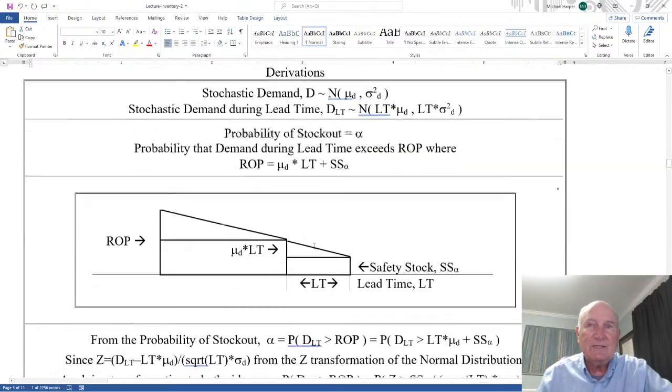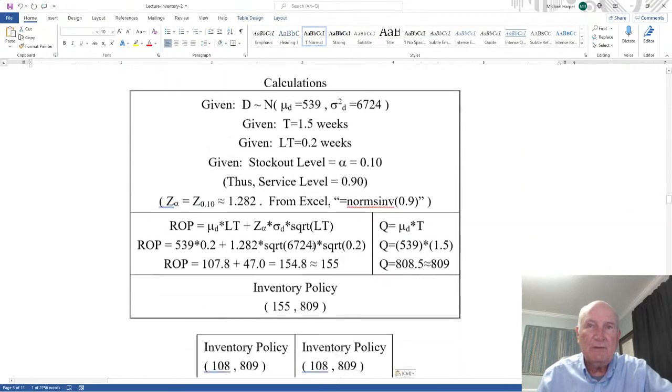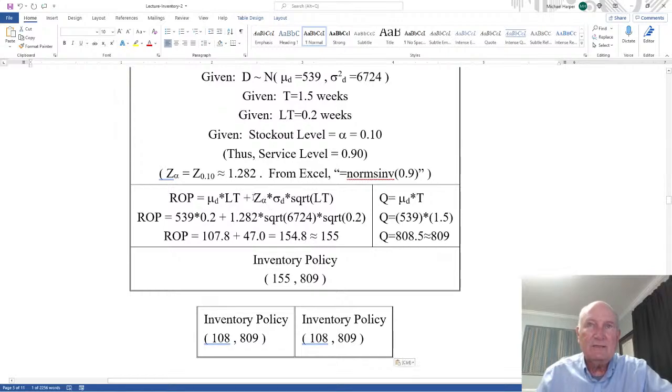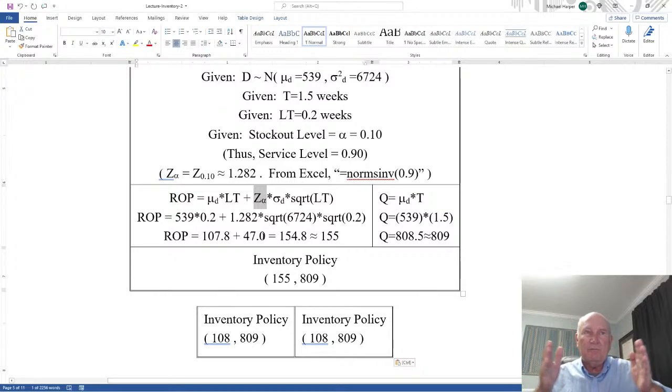So we could say down here, comparing this further, that as the service level increases, ROP increases, because the service level is inversely related to the stockout level. So ROP will increase when the lead time increases, when the variability or volatility of your demand increases, and when your service level increases or your stockout level decreases.